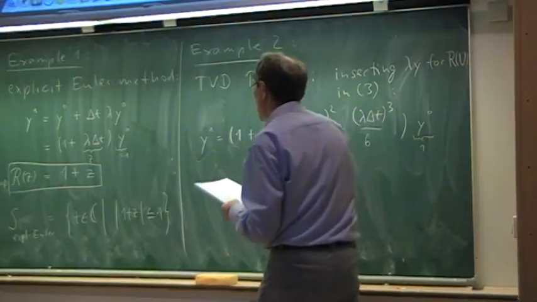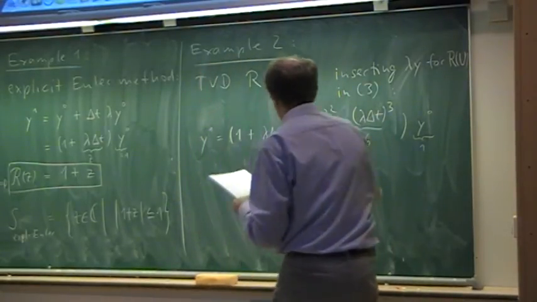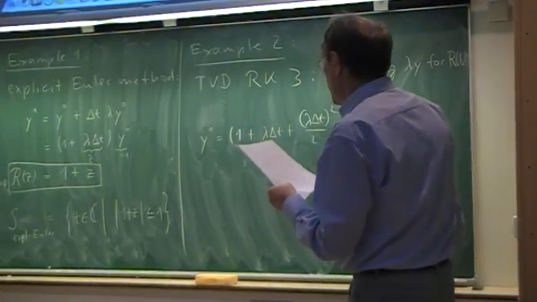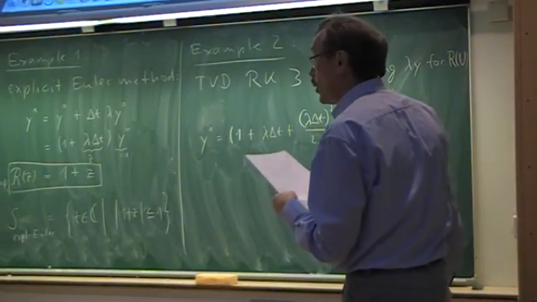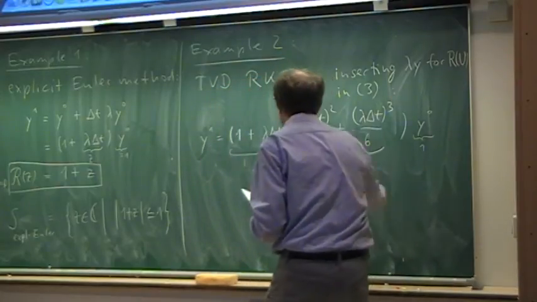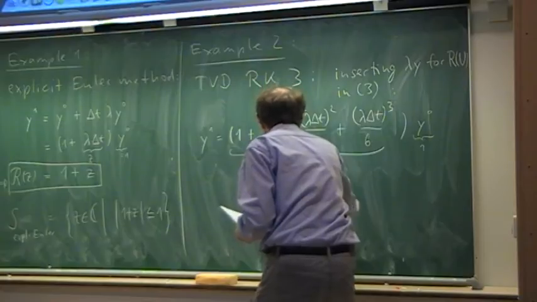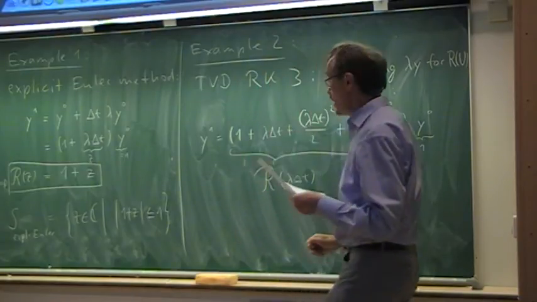And this here is then our function r of lambda delta t. We write this here, that is the stability function of lambda delta t, which we call then the z.